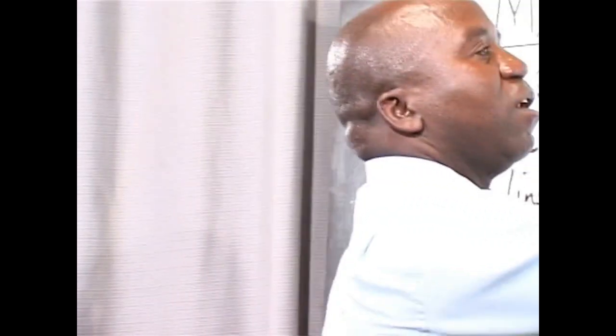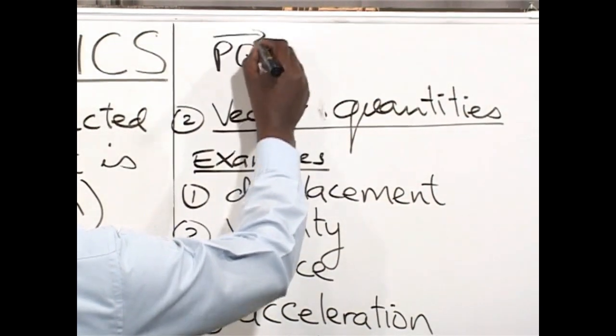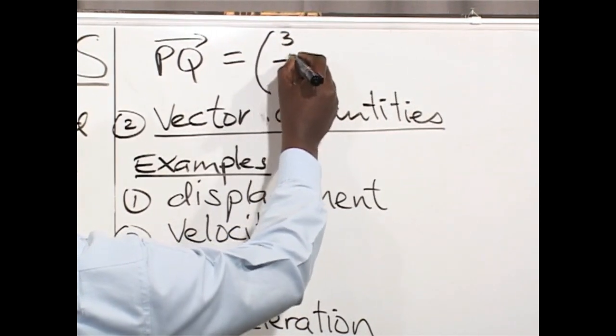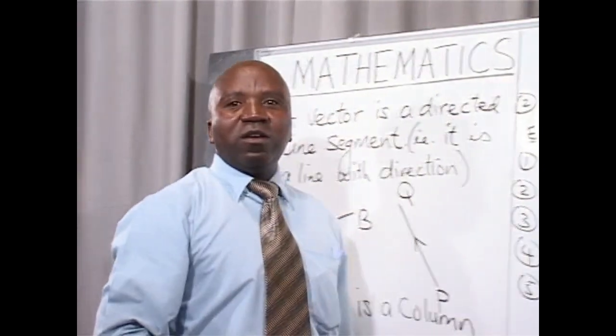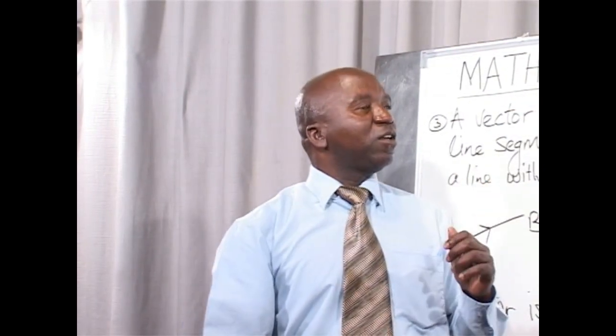So this one is in 2 dimensions. If I put another number in the vector, I can say vector PQ, which is equal to maybe 3, -1, 4. This vector is in 3 dimensions. So a vector in 3 dimensions.